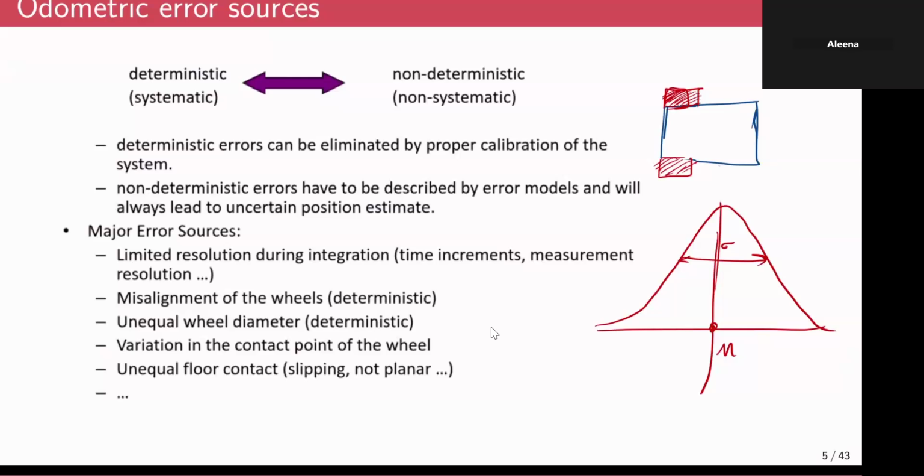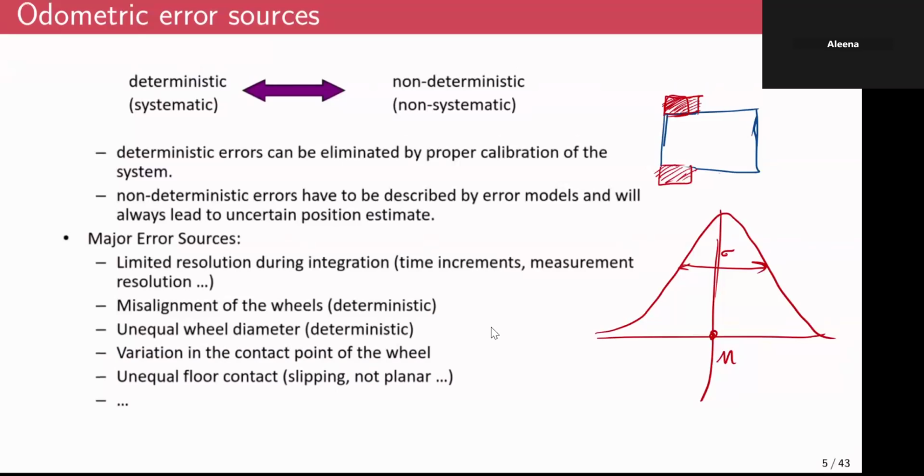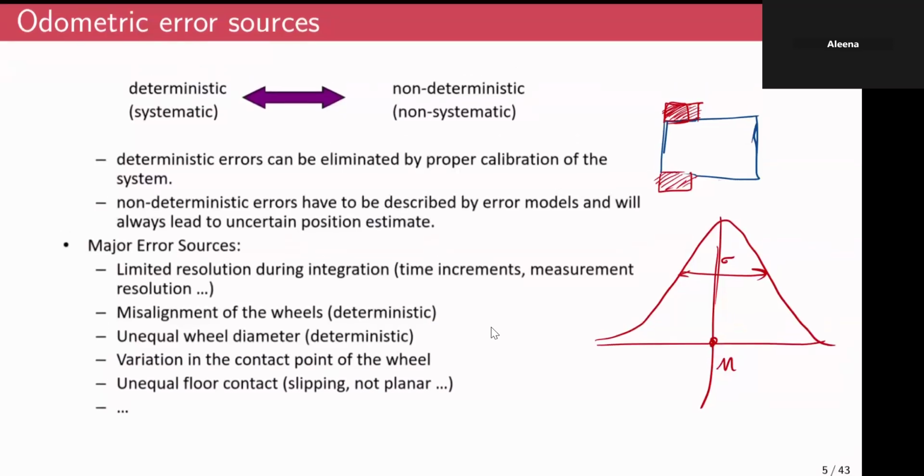We can control the wheel characteristics to some extent, but the floor's characteristics depend on the environment, especially if the robot is deployed outdoors in the open environment. We cannot do anything about the floor contact. So that is about the error sources that you can expect in the odometric process.